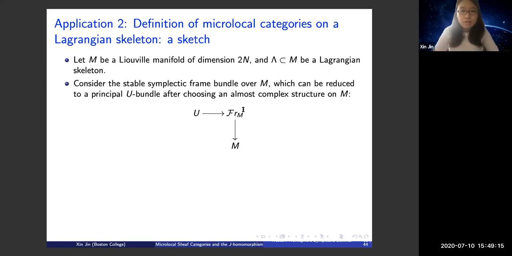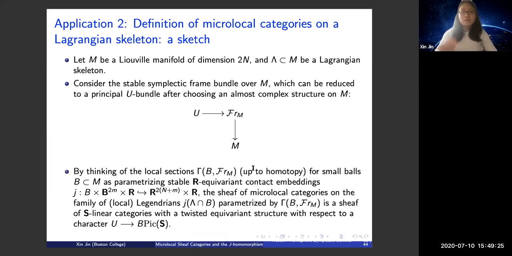And then you can consider this stable symplectic frame bundle on M, which can be reduced to a U bundle when you choose an almost complex structure. And then the idea is that you can think of local sections for this frame bundle on a small ball, maybe up to homotopy.